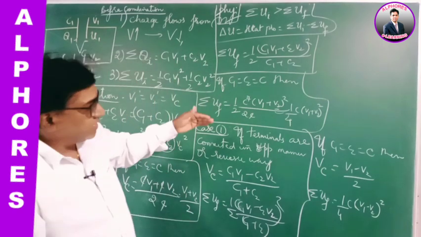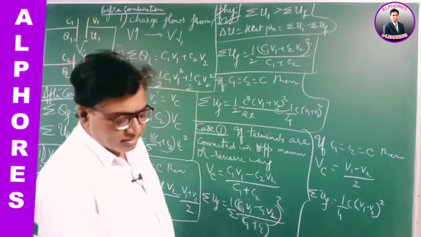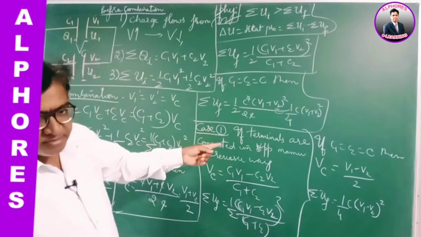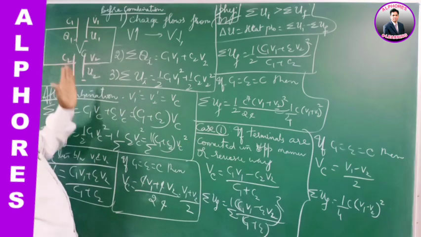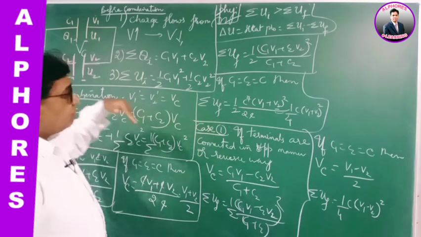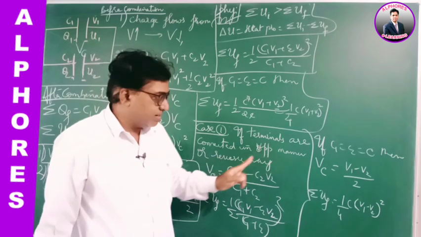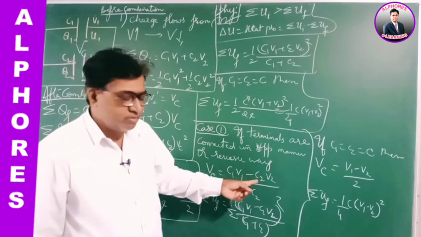These are all the special cases you have to understand. Very important. He will be asking things in different manner like this. If plus is connected to plus and minus is connected to minus, these are the things. Well, if the terminals are connected in opposite manner, or I am connecting in reverse way, then it will be (C1 V1 minus C2 V2) by (C1 + C2).